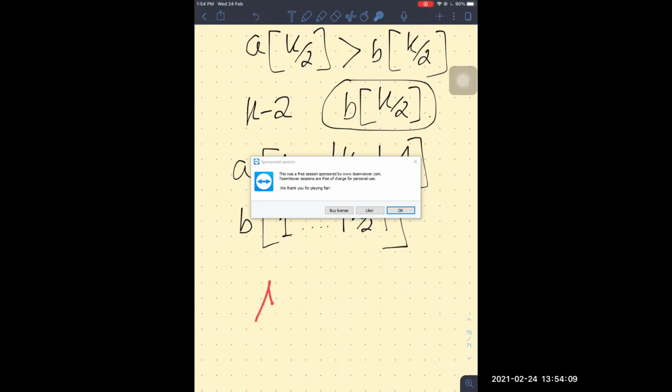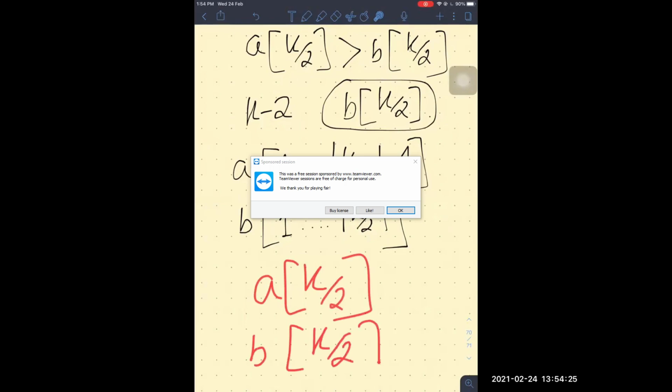So we'll say S_k is the k smallest element. If they're equal, then we will have k/2 elements from A and k/2 elements from B. So in the combined array A and B, we will have k elements, right?